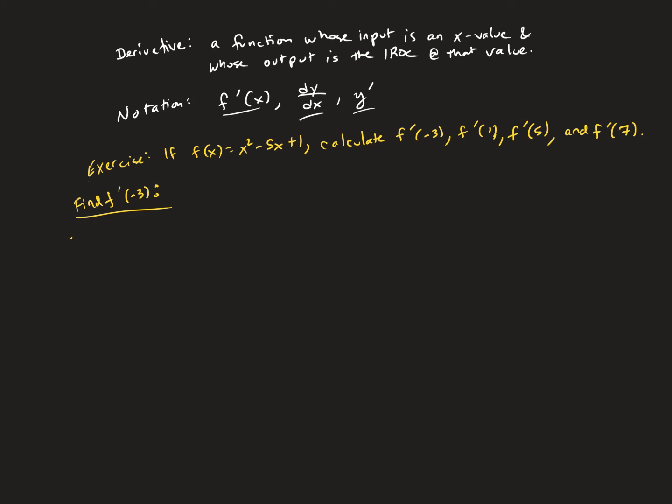So I'm going to use the h definition. There's supposed to be an a there because we're using a specific number. Like that. So my function is x squared minus 5x plus 1. And my a was -3, so I'm going to go ahead and plug in -3 for all the a's.